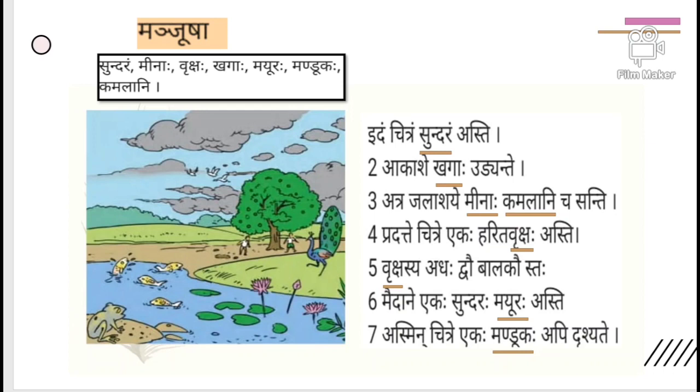Atra means here. In a sentence you use Atra. Atra ekah jalashayah asti. Atra mayurah asti. Atra balika gayati. Atra aneke janah santi. Like that you can use any sentences like that.